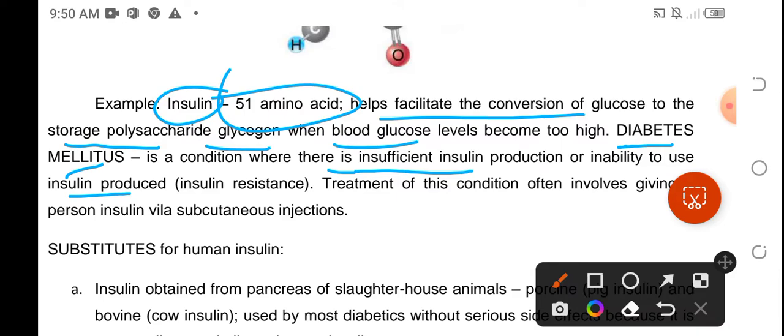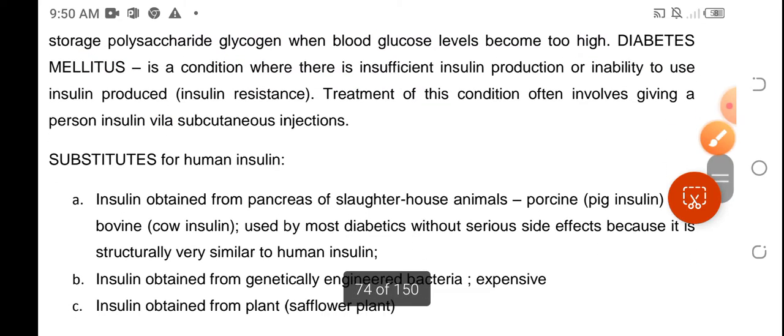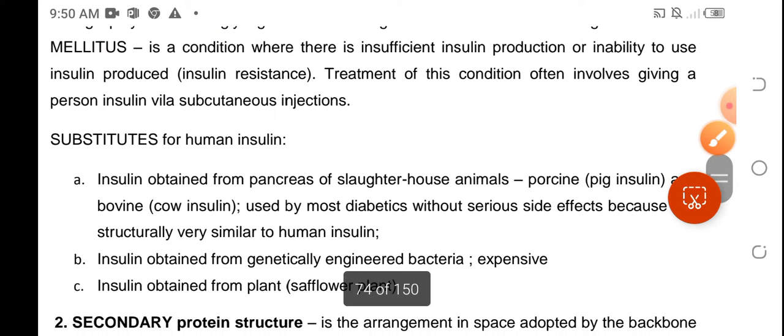Okay. This treatment is done by giving the person insulin via subcutaneous injections. Now, kapag hindi makaproduce ng insulin, of course, may mga synthetic, no? We have substitutes for human insulin na minodify nila.